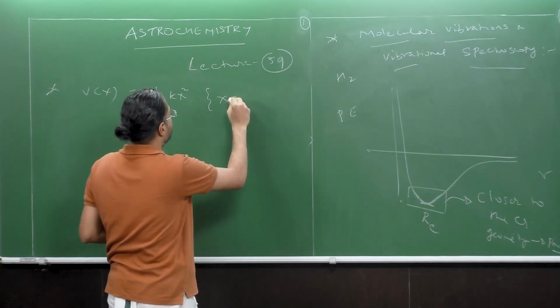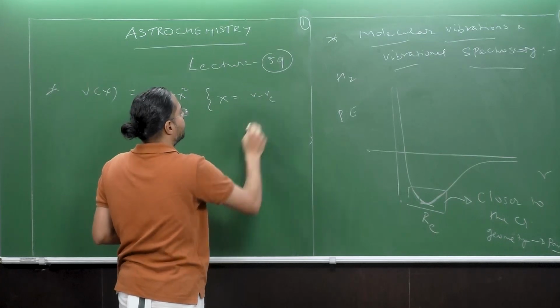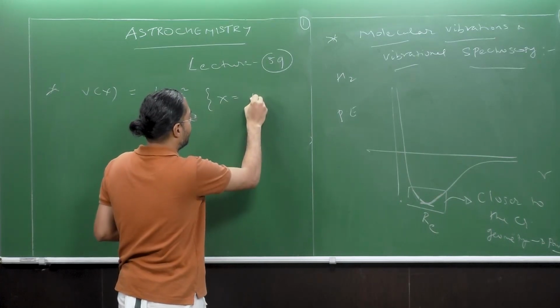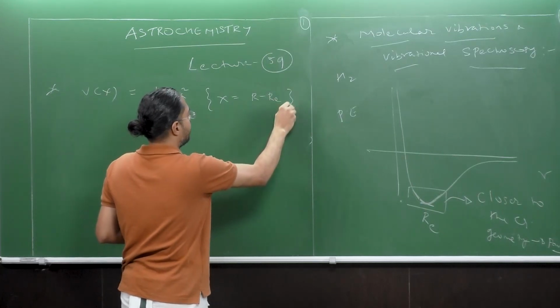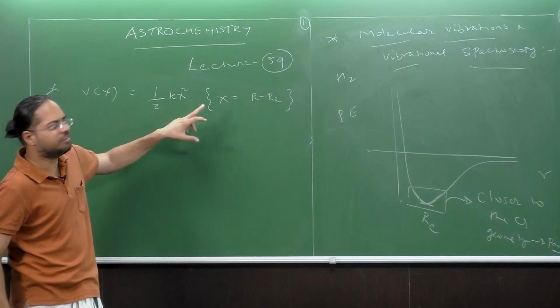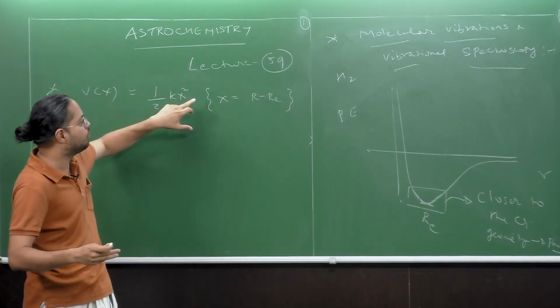It doesn't matter whether I define it as r minus re or re minus r. Because it's x square, the square is always going to be positive.